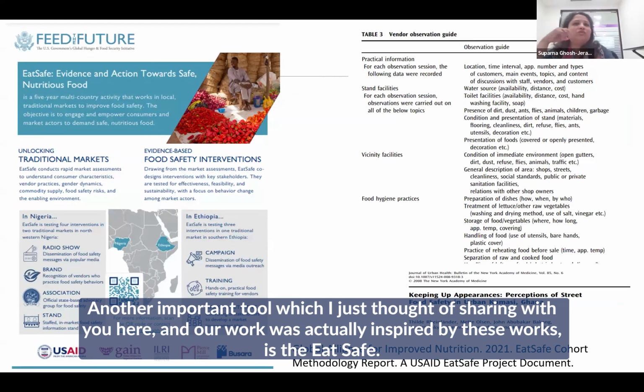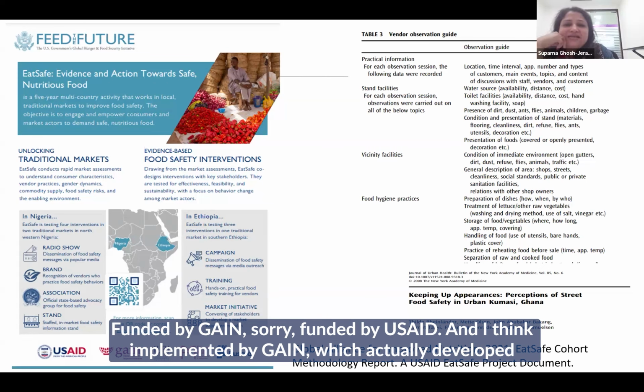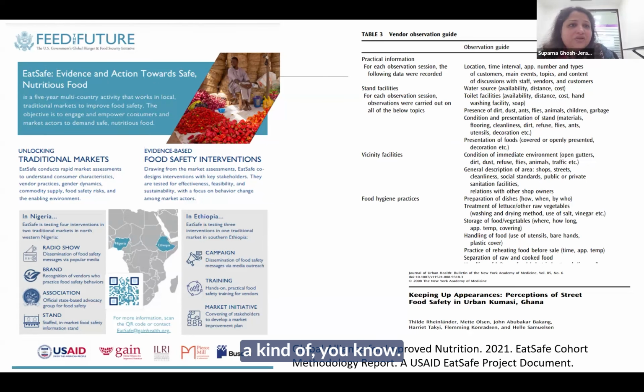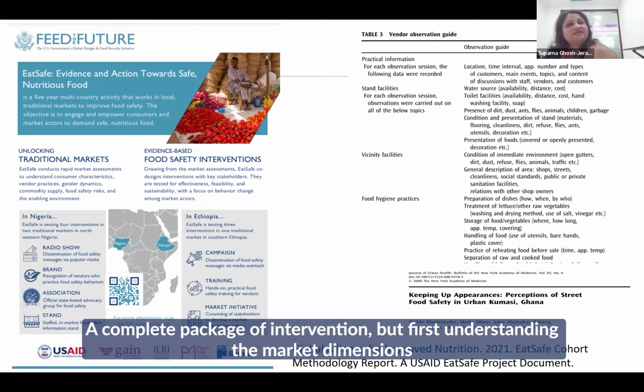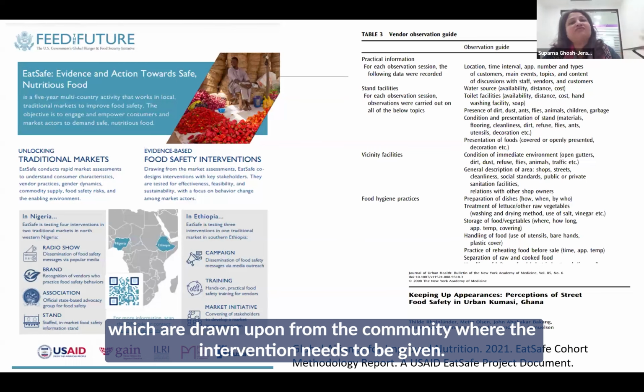Another important tool which I just thought of sharing with you here, and our work was actually inspired by these works, is the Eat Safe module, which was a 5-year project funded by USAID and I think implemented by GAIN, which developed a complete package of intervention, but first understanding the market dimensions, modalities in a traditional food environment, and then giving solutions which are drawn upon from the community where the intervention needs to be given.